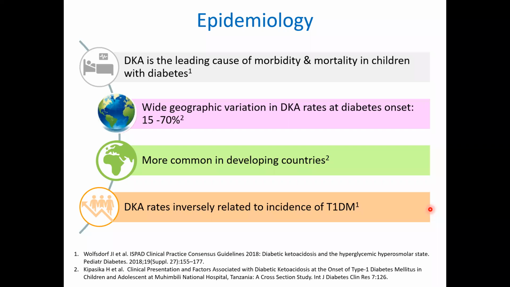This means that in countries that have a low incidence of type 1 diabetes, the incidence of DKA is higher. Probably this is related to the level of knowledge of the population on signs and symptoms of diabetes, which might influence how early they will present to health facilities.